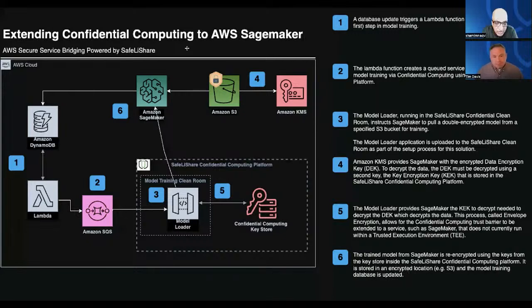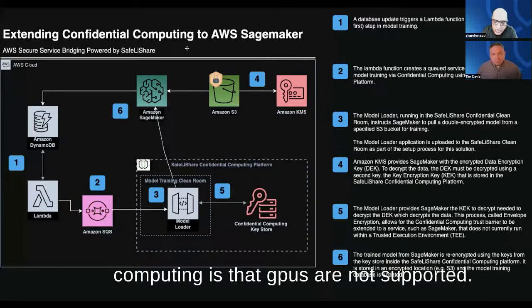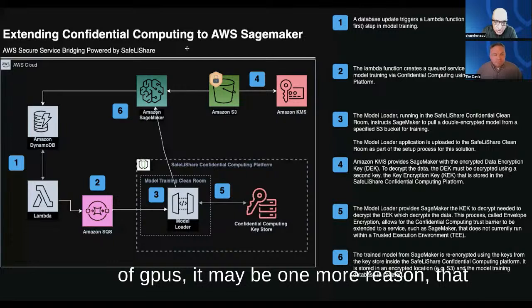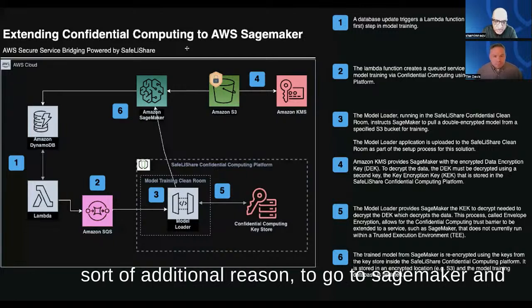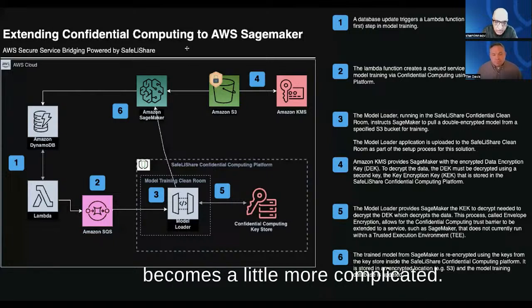Exactly. At the state of the art in confidential computing, GPUs are not supported, and if this model happens to require the use of GPUs, it may be one more reason, an additional reason, to go to SageMaker and have it use the services of a GPU. But then the trust model becomes a little more complicated.